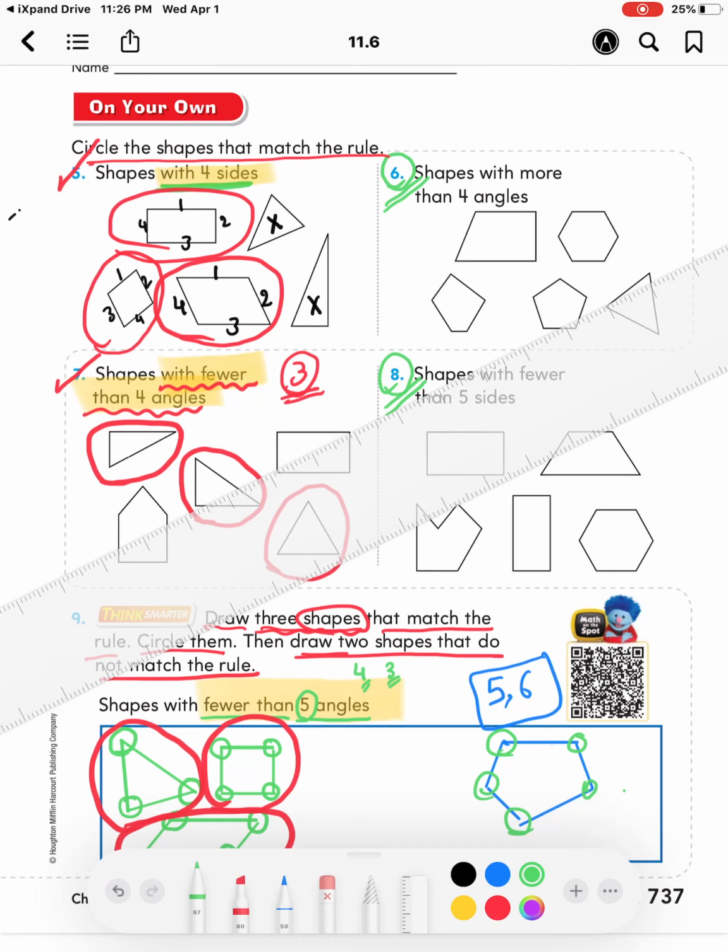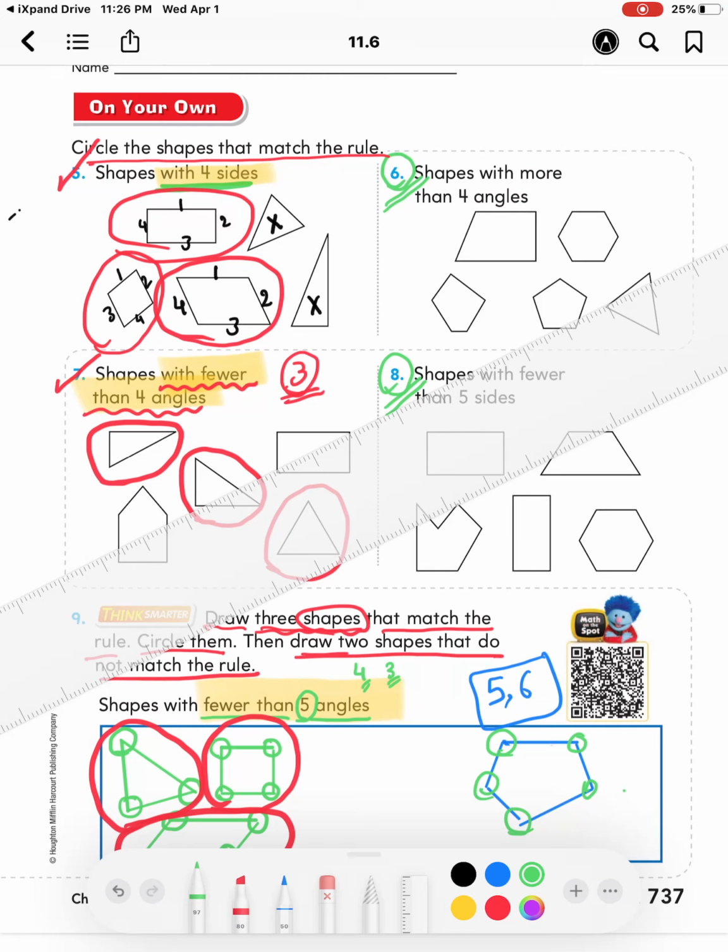So now this shape has how many angles? 5 angles. Does it match the rule? No, because here we should circle shapes that have fewer than 5 angles. So a shape with 5 angles does not match the rule.